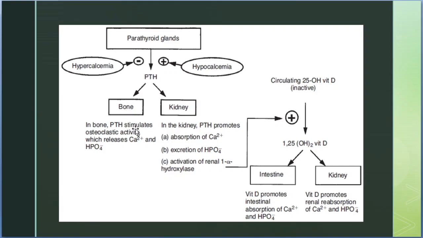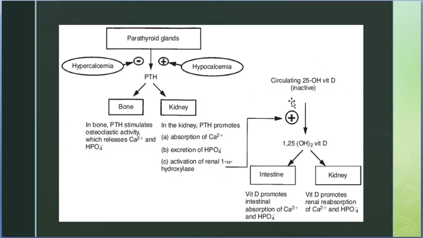In bone, it causes osteoclastic activity, releasing now your calcium and your phosphate. In the kidney, parathyroid hormone promotes absorption of your calcium, excretion of your phosphate, and activation of your renal alpha hydroxylase. This renal alpha hydroxylase can cause the activation of the inactive form of your vitamin D, which is your calcidiol.